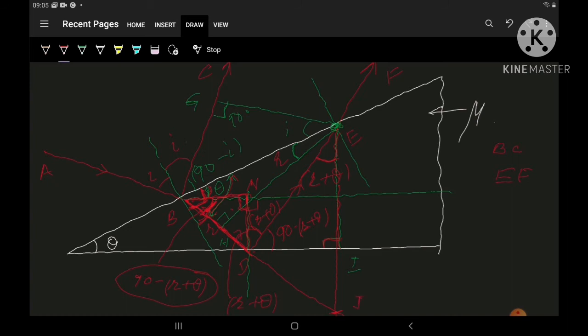Suppose its name is J. So obviously if this angle is r plus theta, then by vertically opposite angles this angle will also be r plus theta. If this is r plus theta, then this angle will be 90 minus (r plus theta), and obviously here this angle is 90. So as this angle is 90 minus (r plus theta) and this is 90, the remaining angle will be r plus theta.